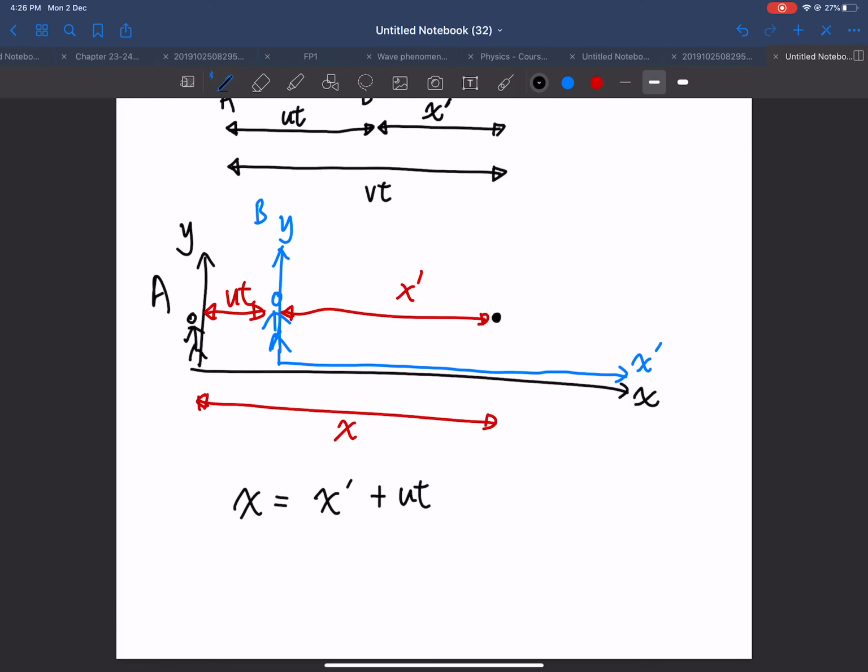Roughly speaking, if we divide this formula by t, x over t is actually the speed of A, if A is moving.